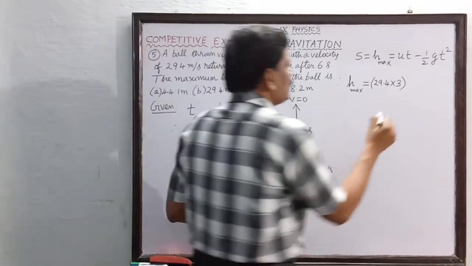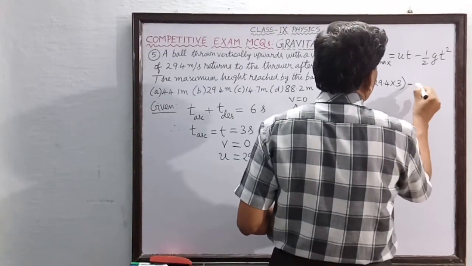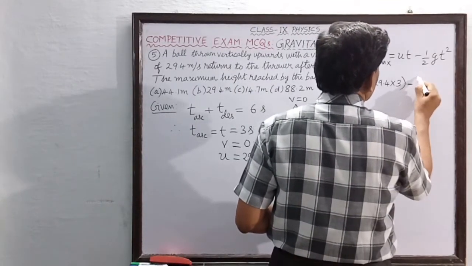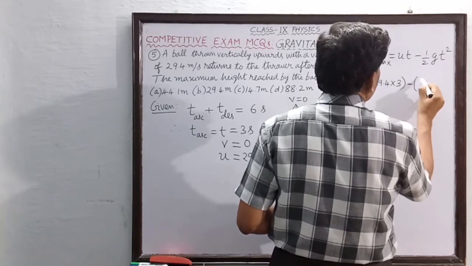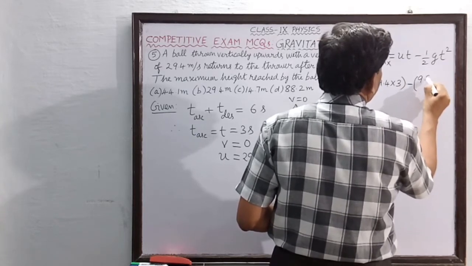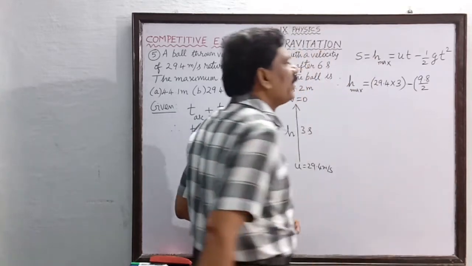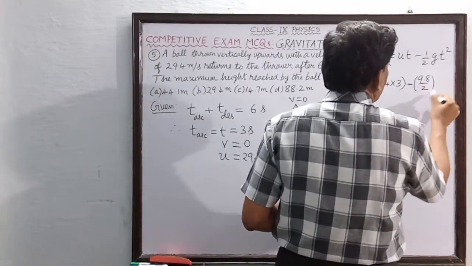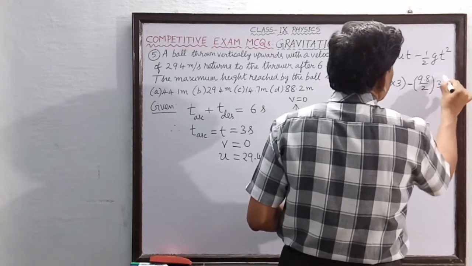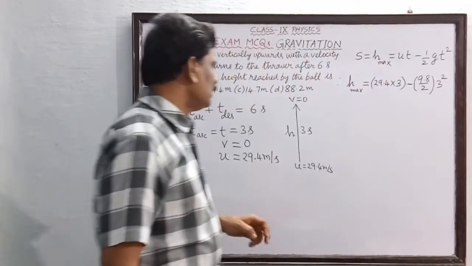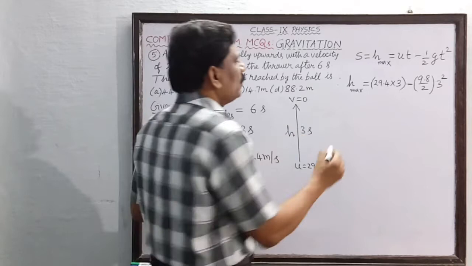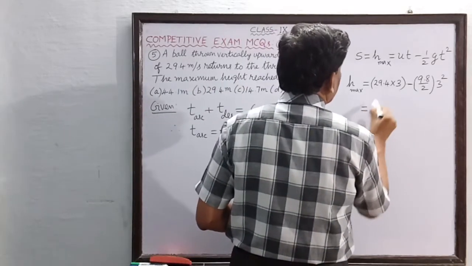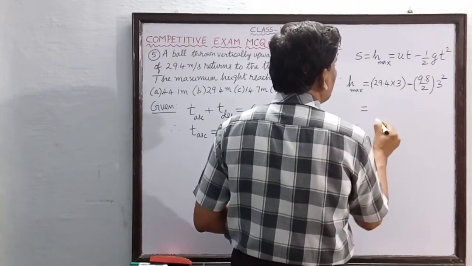Then minus half into g, that is 9.8 divided by 2, which is 4.9, into t square, that is 3 square. So this is now equal to 29.4 into 3.